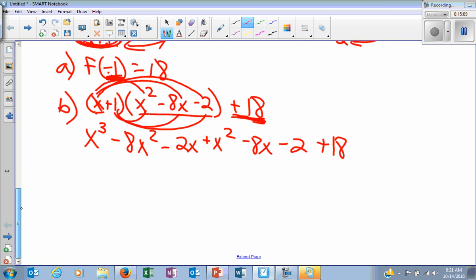Combine like terms. Are there any like this one? Nope. x cubed. Anything like this one? Yes. Negative 8x squared plus x squared is going to be negative 7x squared. I have negative 8, I add 1, I still have negative 7. Notice what I do to show myself when I've used something so I don't get confused, because there's a lot of stuff up here.